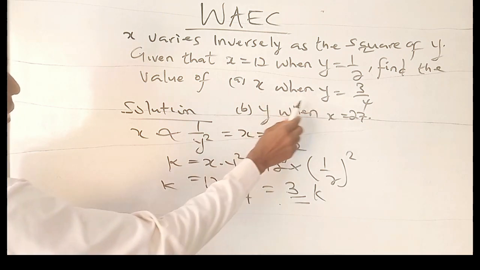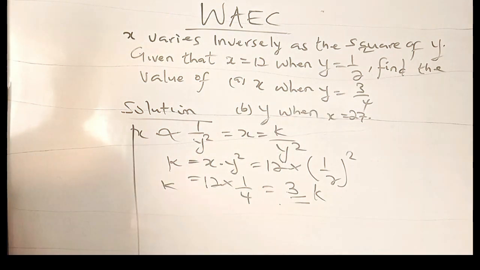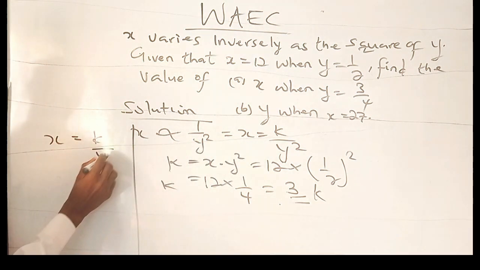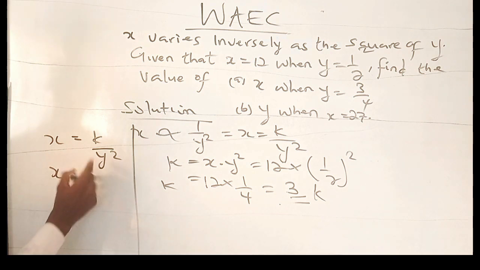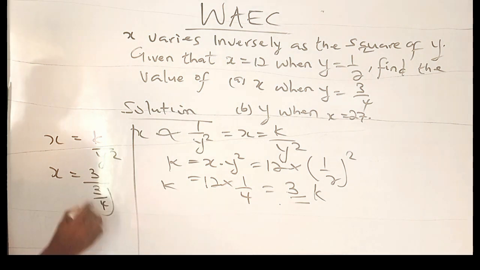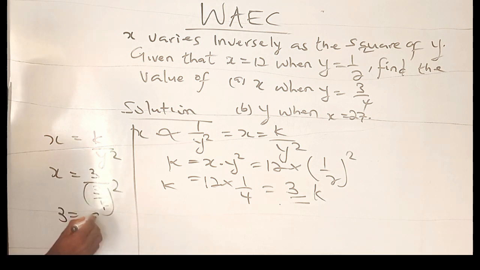So to get my x when y is 3 over 4, coming back here, I'm having x equals k over y squared. So x equals, my constant is 3, my y is given as (3 over 4) squared. So meaning I'm having 3, when I multiply this, I'm having 9 over 16x.